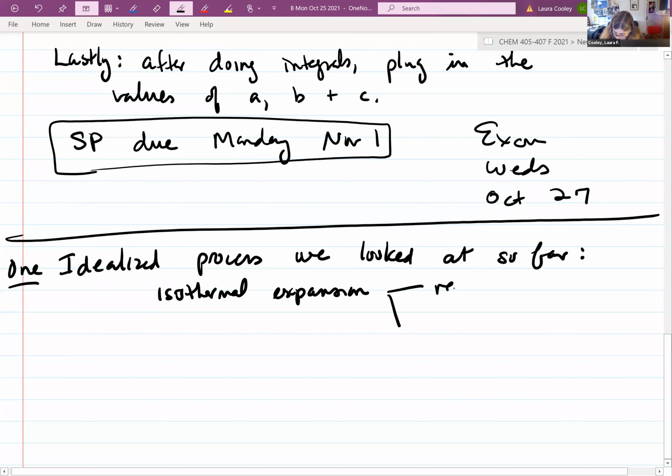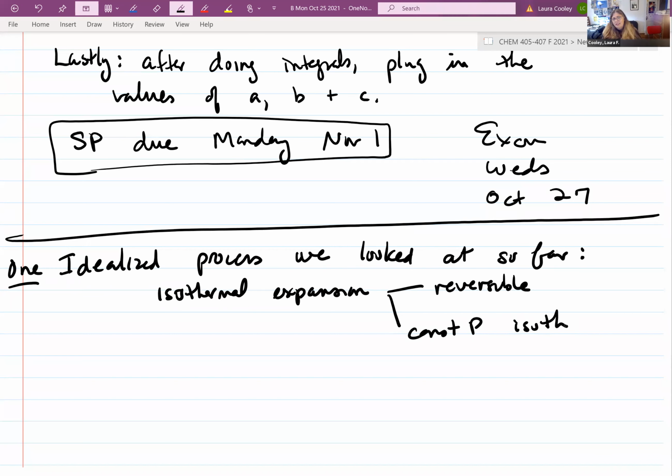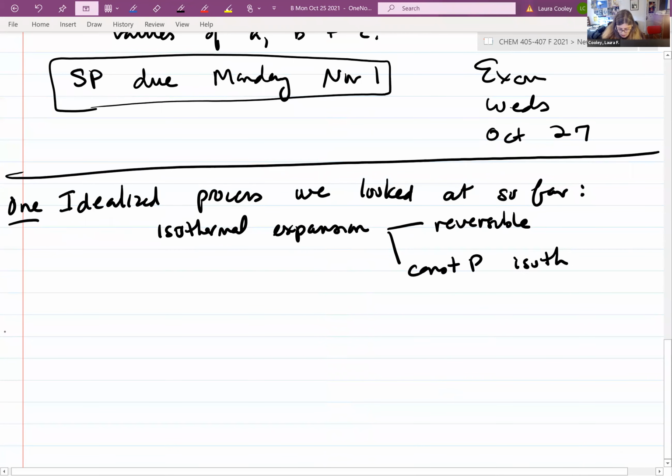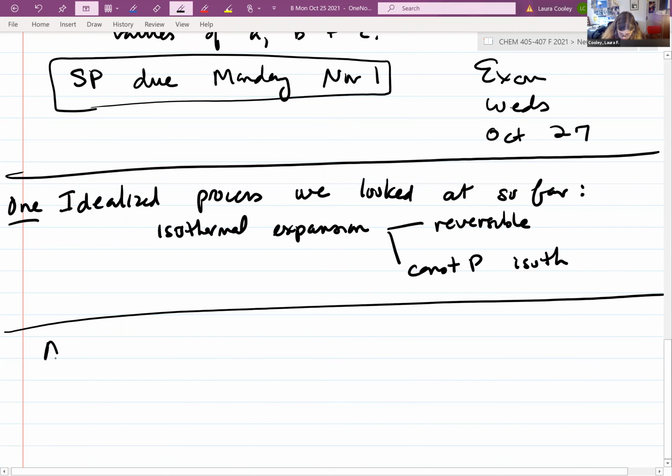We branched into the reversible isothermal and the constant pressure isothermal, even though there could very well be expansions that are not quite reversible and not quite constant pressure either. So now we're going to look at another such idealized expansion. And this is kind of on the other end of the spectrum.